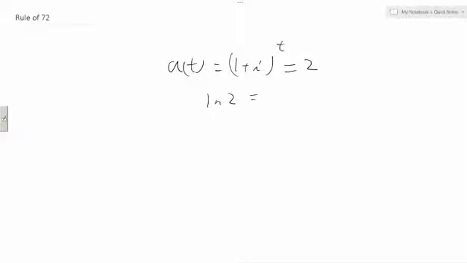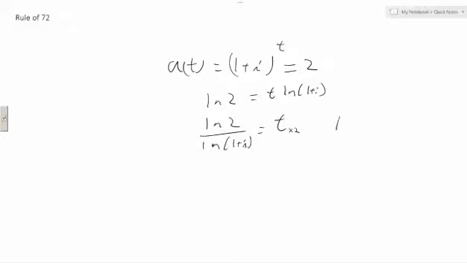The ln of 2 is equal to, the t comes down, which is why I would take the ln in the first place, t times ln of (1 plus I). And so ln of 2 divided by the ln of (1 plus I) is equal to the doubling time. Well, that's the exact formula then.